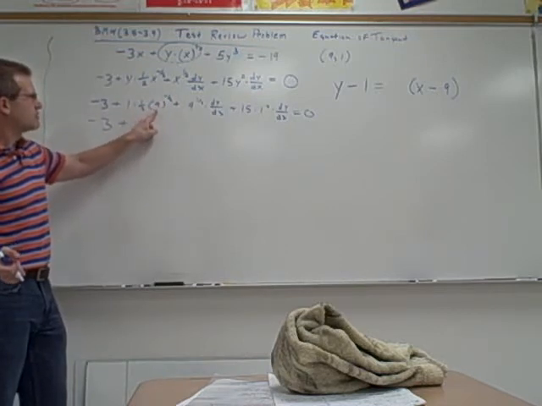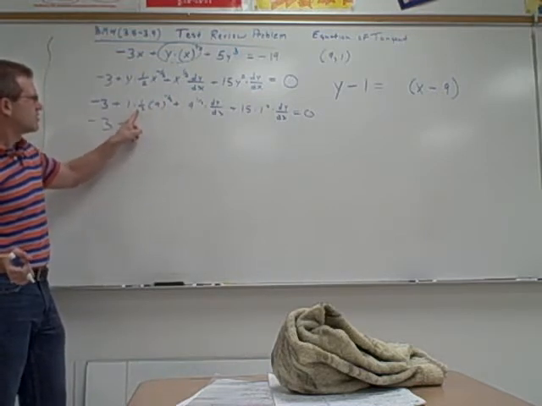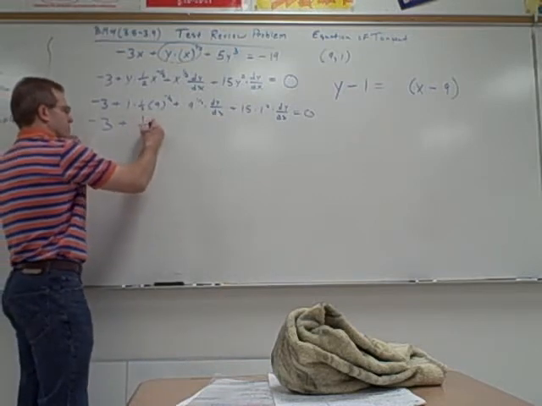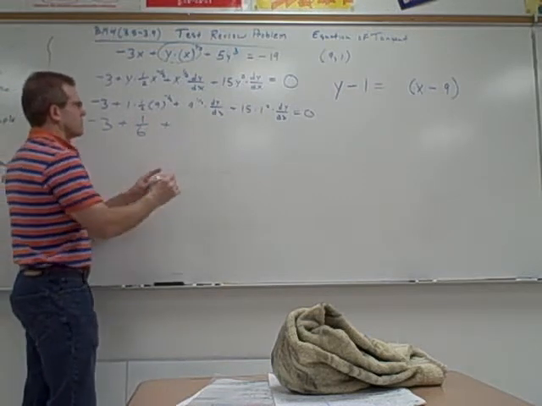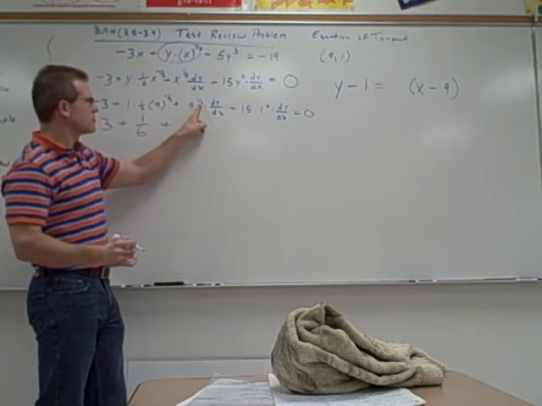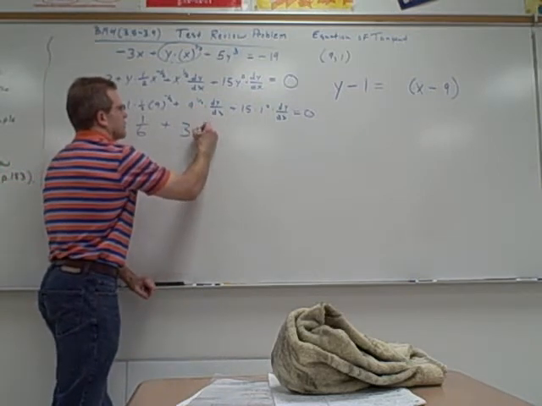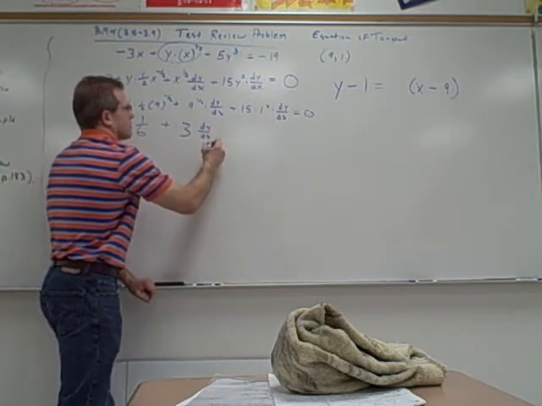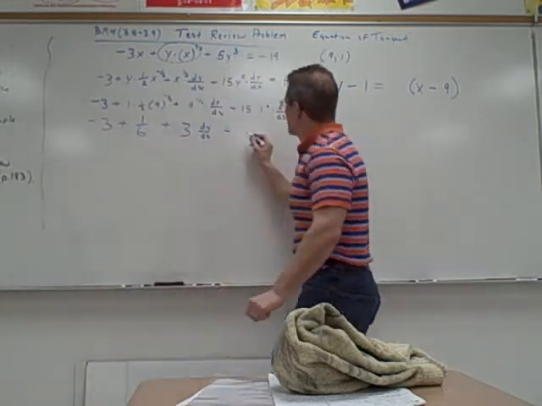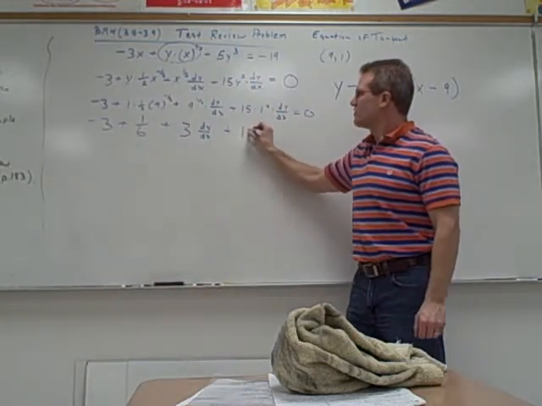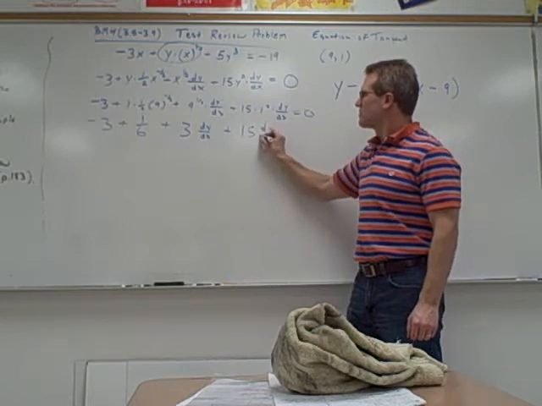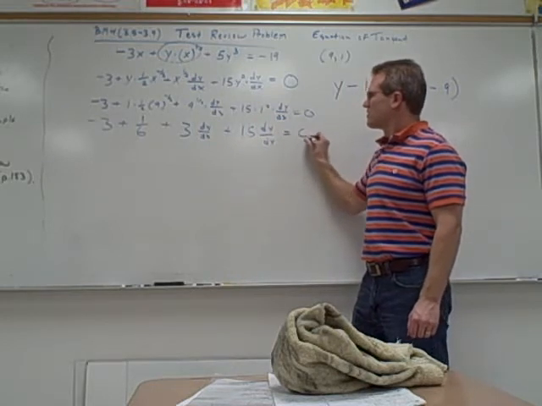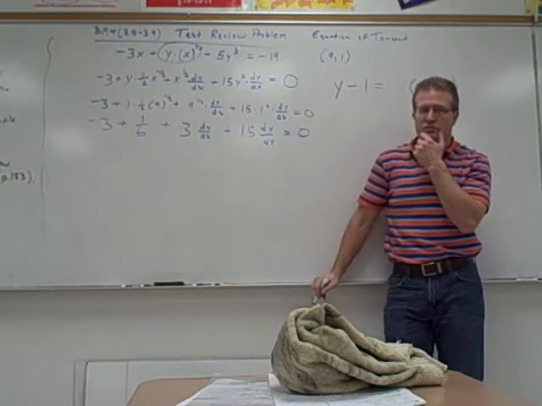So half times 1/3 times 1 would be 1/6. 9 to the half, that's the same as square root of 9, that would be 3. This would be 15 times 1, so this would be 15 dy over dx. So any questions about that?